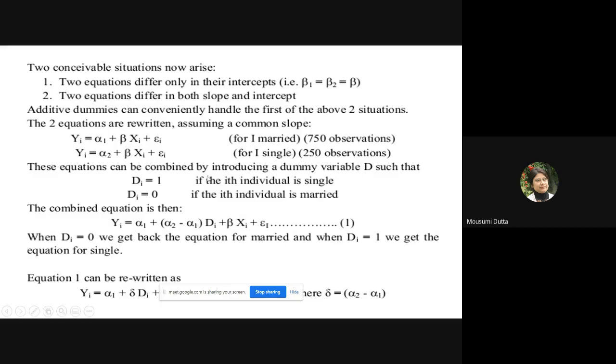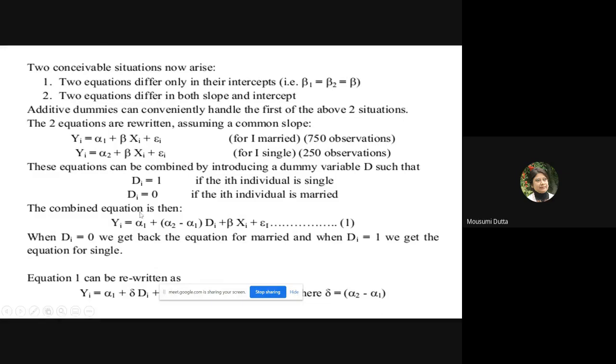These equations can be combined by introducing a dummy variable d such that di is equal to 1 if the ith individual is single, 0 otherwise. So di is equal to 1 if the ith individual is unmarried or single, 0 otherwise.